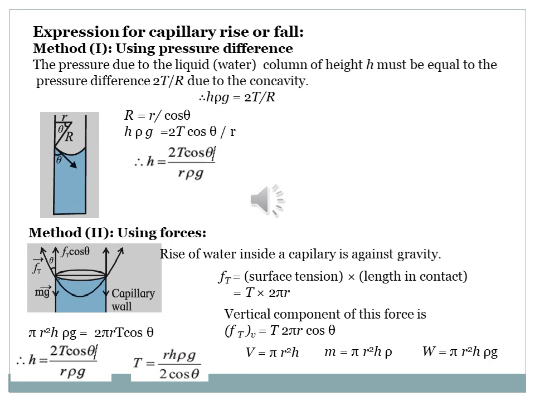Now in the exam, you might get confused about which method you are going to use. If they have not asked for a method, you can go by your own, which you have prepared, either by using pressure difference or by using forces. But if they ask directly, express the capillary rise or fall or find the relation between H and T by using forces, then you can only use the second method.